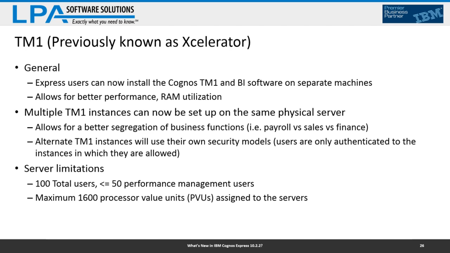You can now segregate the TM1 products from the Cognos BI software on different machines, which allows for better performance overall and better RAM utilization. Those two products are no longer competing for the same set of resources, so they can actually be separated amongst multiple machines.